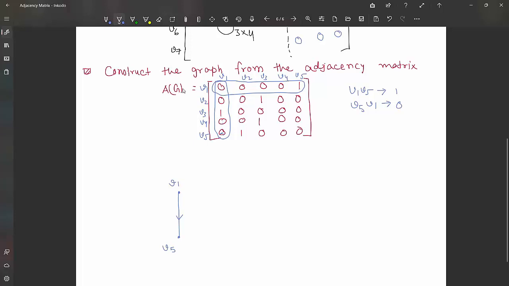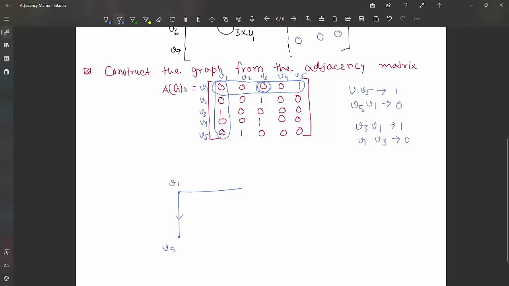Now if you take the column, you can see the same thing: v3 v1 there is 1, but if you take v1 v3, this term is 0. So that's why there is another line connecting v1 and v3. First we draw the connecting line.